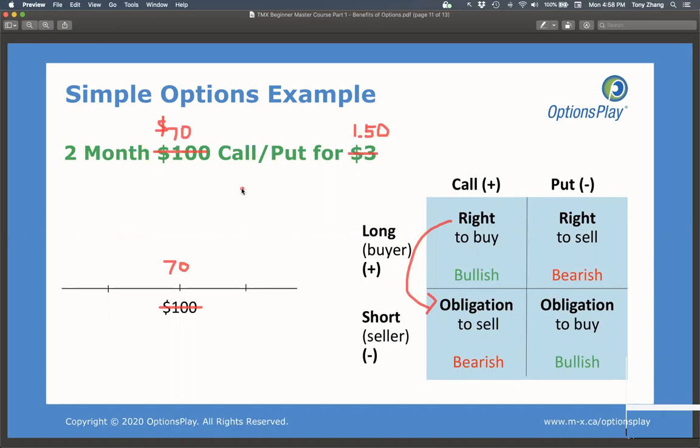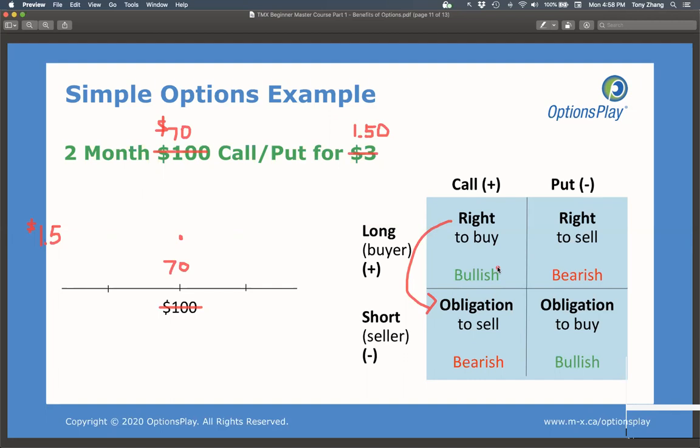But someone paid me $1.50 up front to have that obligation. So if the stock stays at $70, guess what? I make $1.50. If the stock stays exactly the same, I can always buy on the open market for 70, deliver it to someone for 70, and I keep the $1.50 that I initially earned to get into this trade.